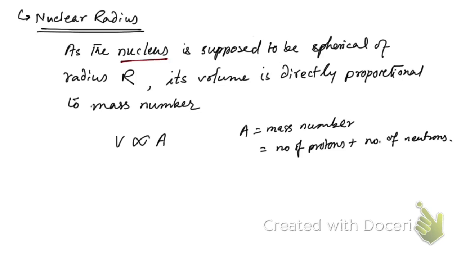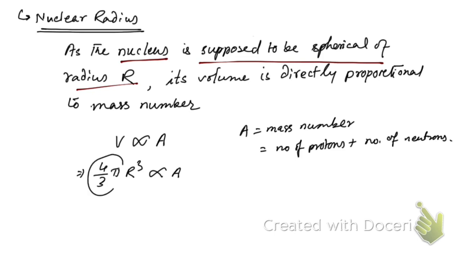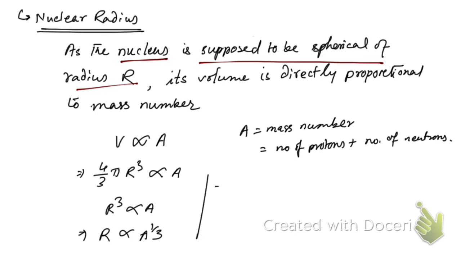As I have mentioned, the nucleus is supposed to be spherical of radius r, so its volume, 4/3 pi r cubed, is proportional to A. The 4/3 pi part is constant, so r cubed is proportional to A, and r must be proportional to A to the power 1/3. If we put an equal sign, there must be a constant of proportionality, so r is equal to r naught A to the power 1/3.